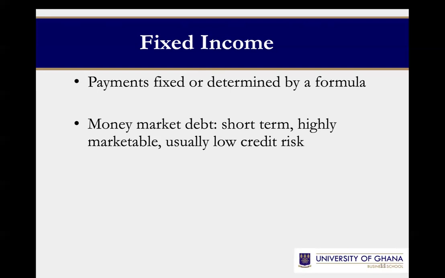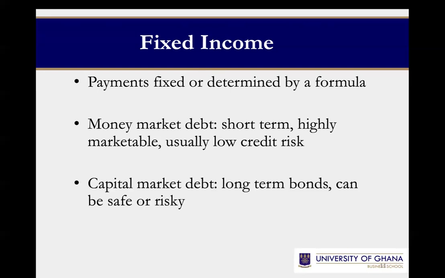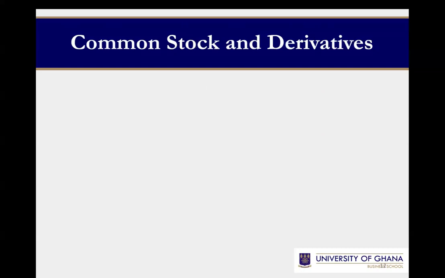These are typically short-term, highly marketable, usually low credit risk instruments. And these can be from commercial papers through to T-bills by government. When we talk about the capital market in terms of debt, we are looking at long-term debts or long-term bonds, which can be safe or risky based on who the issuer is and therefore the credit rating of the issuer.